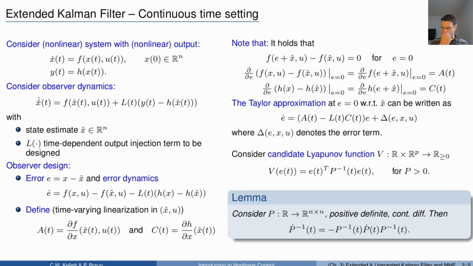Before we proceed with some tedious calculations, I want to point out a particularly helpful lemma that we are going to use on the next slide that allows us to calculate the time derivative of the inverse of this positive definite function here, simply by calculating the inverse of the function and the derivative of the function.